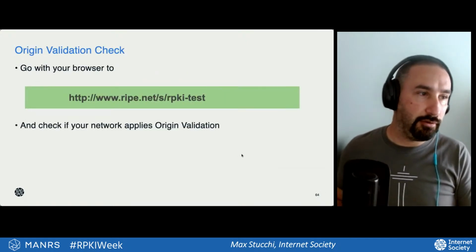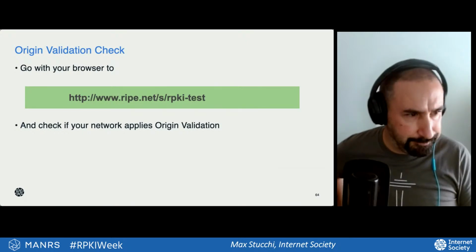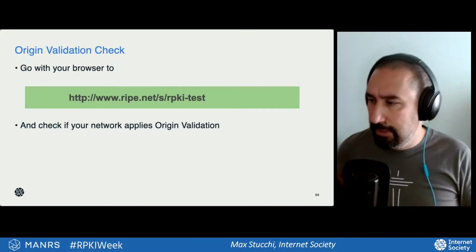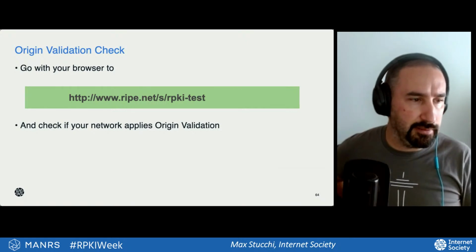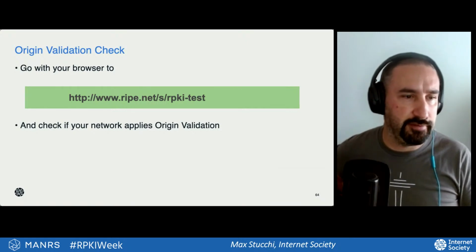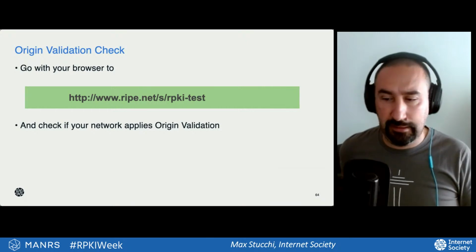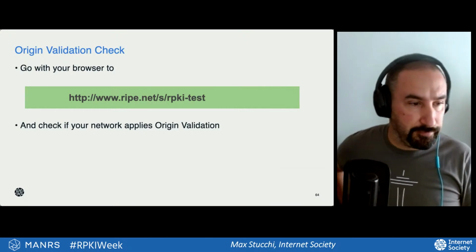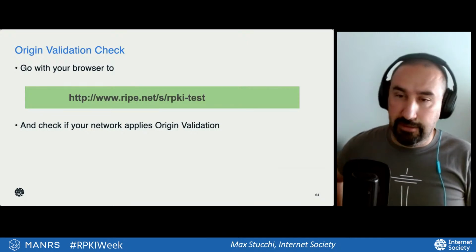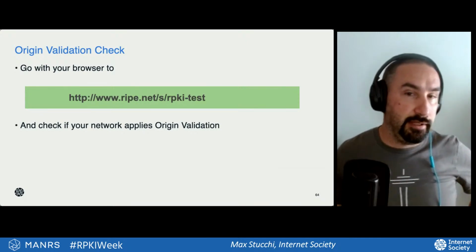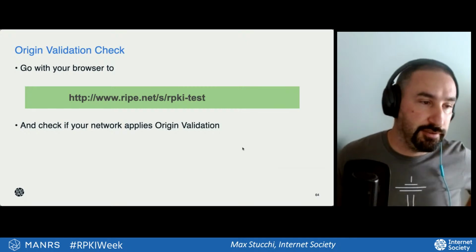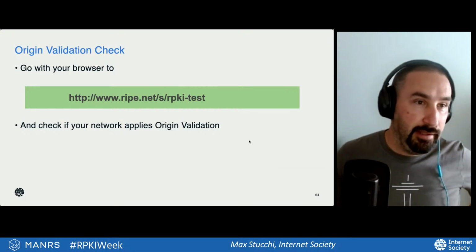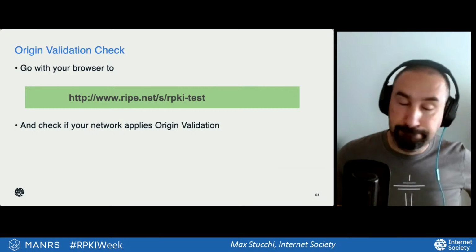You can run the origin validation check, although on Monday they told me that this is actually broken, so I will need to go back to RIPE NCC and tell them that this needs to be fixed. But this is a system where you can check if the network where you are does origin validation or not, and it does it in a simple way.